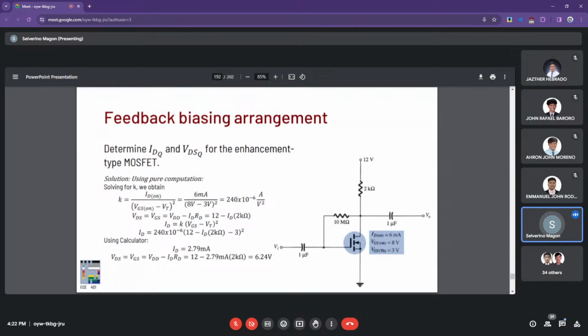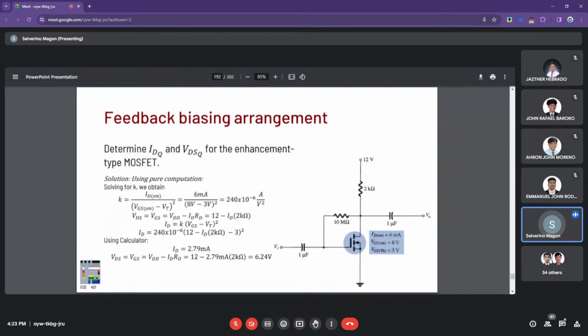Then we can substitute this, since the threshold voltage is provided, so we have a quadratic equation with the drain current as the unknown. The quadratic formula or shift solve will yield 2.79 milliamps. Applying the drain current in the on condition through the output loop, we now have the following. So we have VDS equal to VDD minus IDRD.